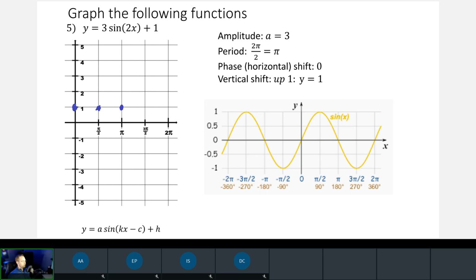And then the amplitude is 3, so we're going to go up 3 from the midline. From this midline here, between these 2 points, we're going to go up 3. 1, 2, 3. So there is this point.